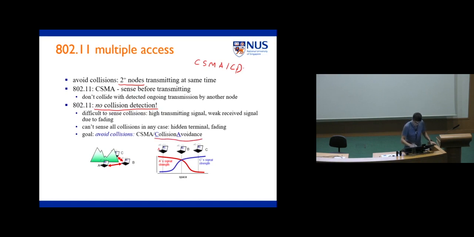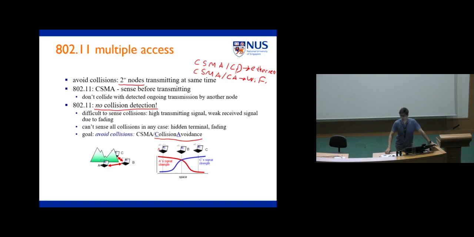So now, this was Ethernet, and this is Wi-Fi, CSMA/CA. CSMA/CA is you are sensing before you are transmitting.